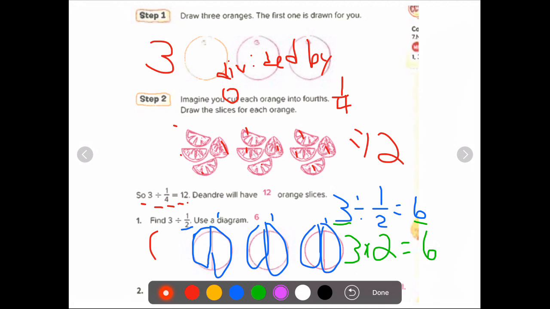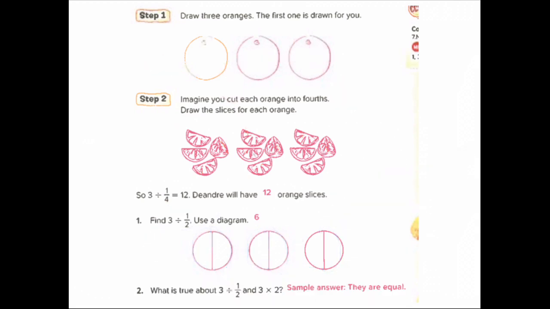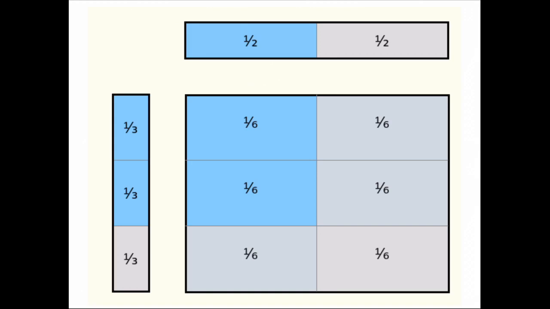And these two numbers, 1/2 and 2, are what's called inverses. So if we flip them upside down, 1/2 and 2 are inverses.